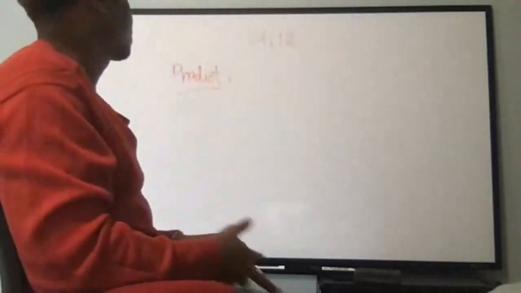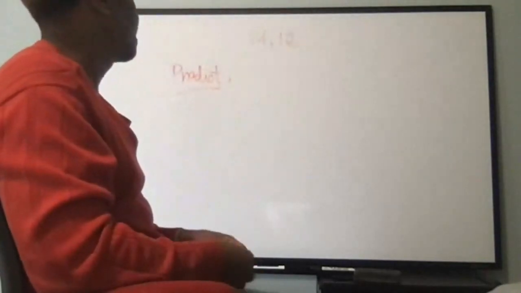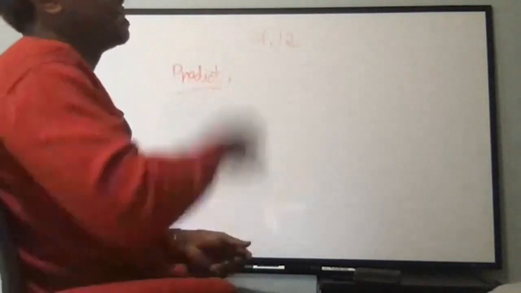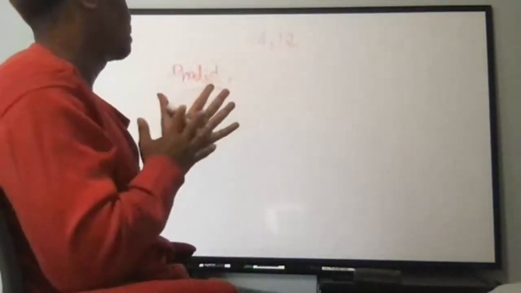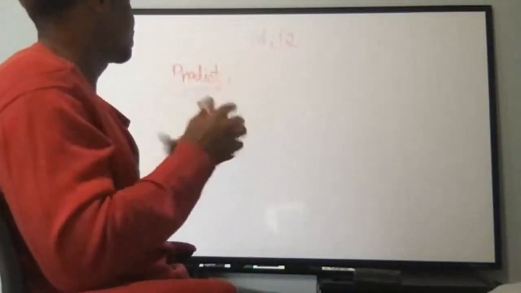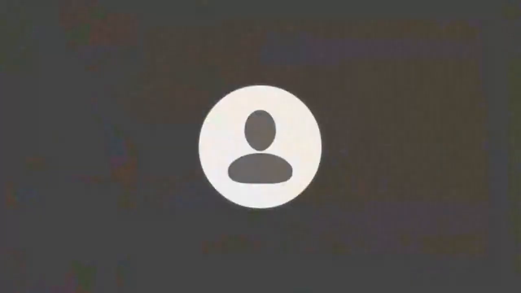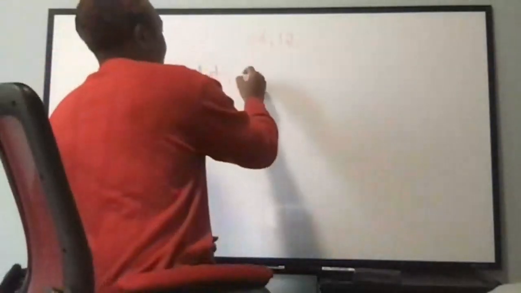Just guess. How do we do this in simple linear regression? I told you to predict something. There you go. All right, so what is our equation? Y hat equals, what was it?